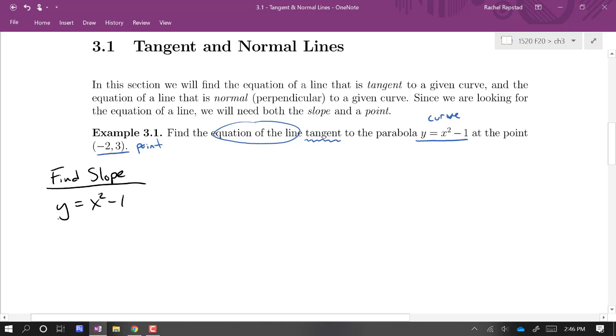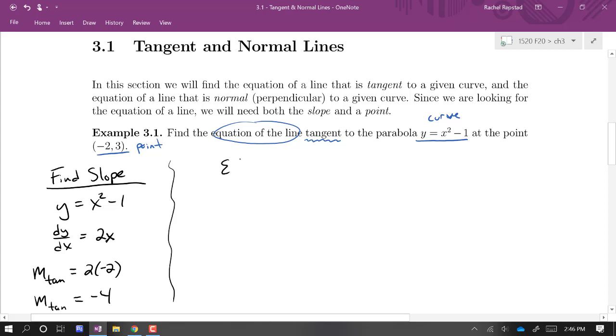The slope of a tangent line is given by the derivative. So dy/dx is equal to 2x. And our slope, our m tan, we're just going to evaluate dy/dx at the point. We only need the x coordinate here. So this is 2 times negative 2, and we get negative 4. So there's our tangent slope.